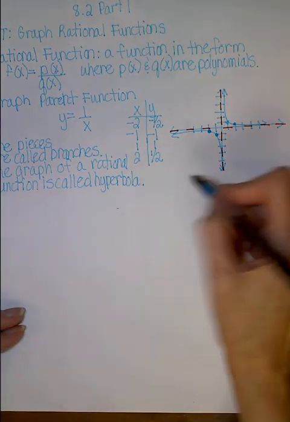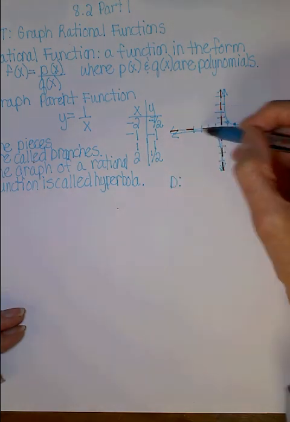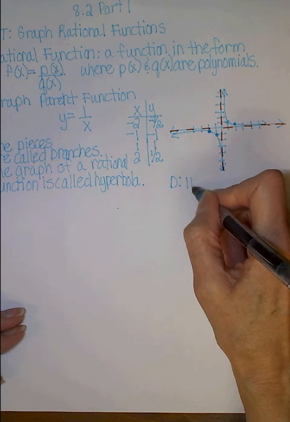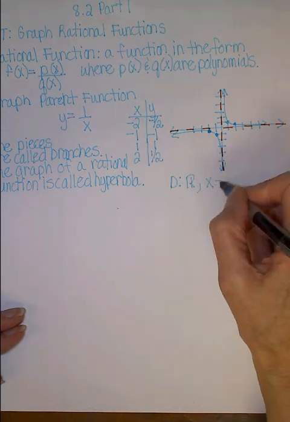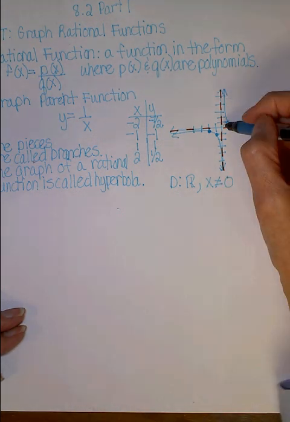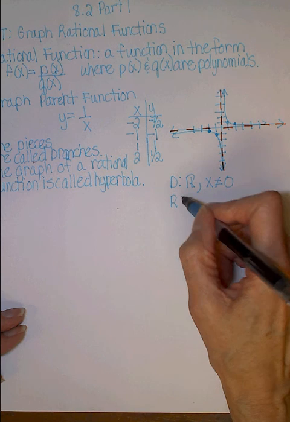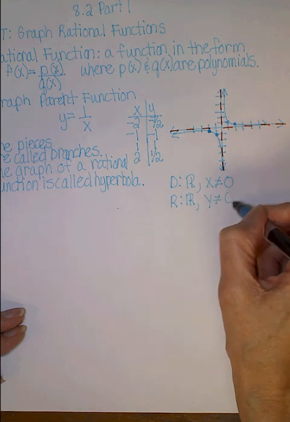We have to do domain and range. And the domain is all real numbers except for 0. Since we can't divide by 0, x cannot equal 0. And you'll notice that the y values never get to 0 either. So all reals, but y cannot be 0.